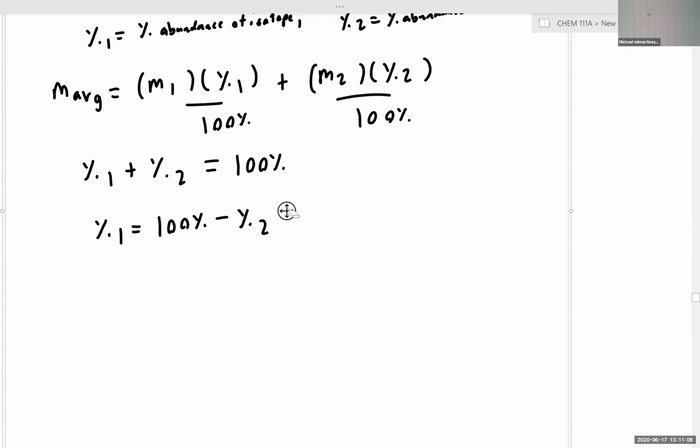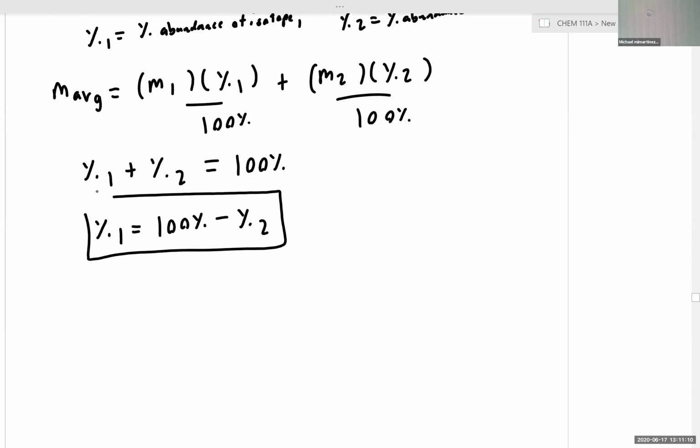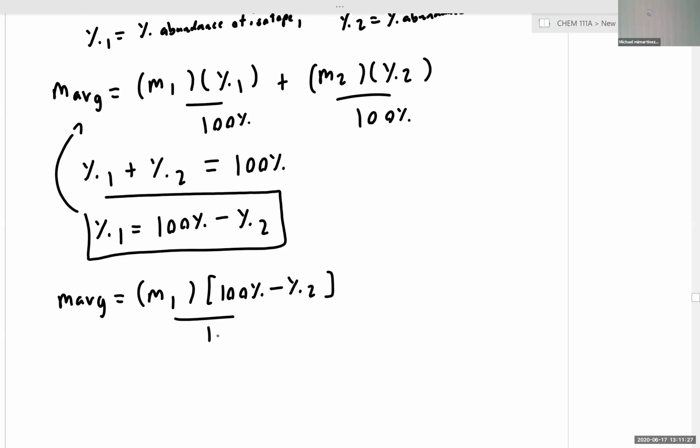What we're going to do next is plug this expression into our first equation. That gives us the average atomic mass is equal to the mass 1 times 100% minus the percentage of isotope 2, over 100%, plus the mass of isotope 2 times the percentage of isotope 2 over 100%.